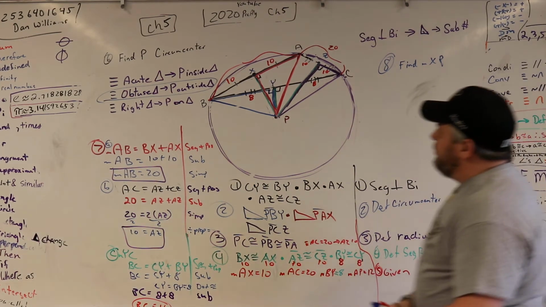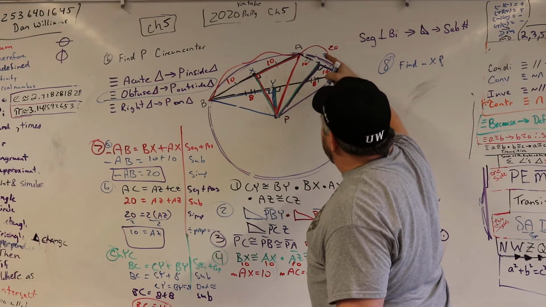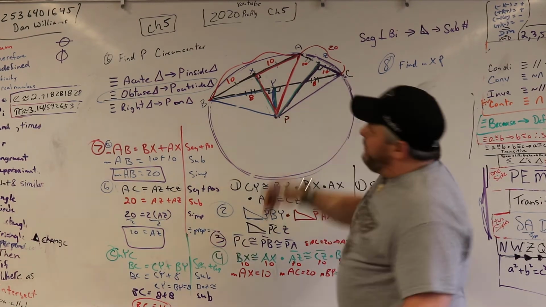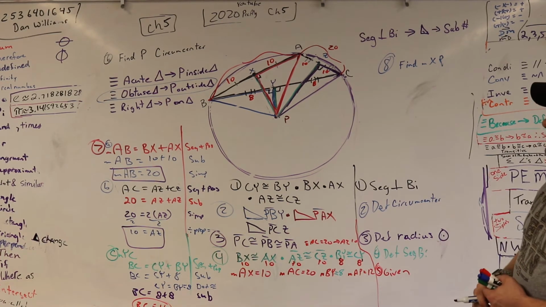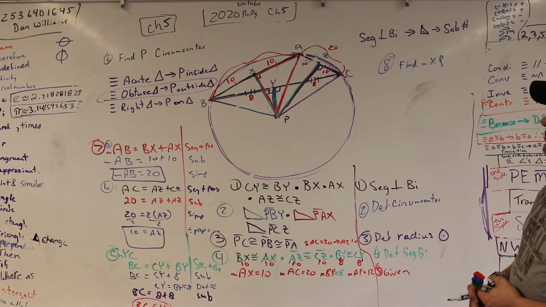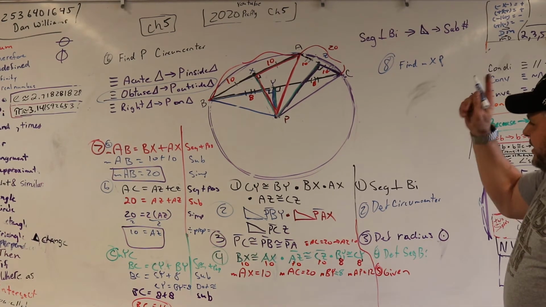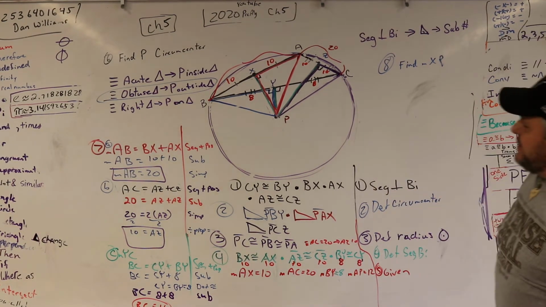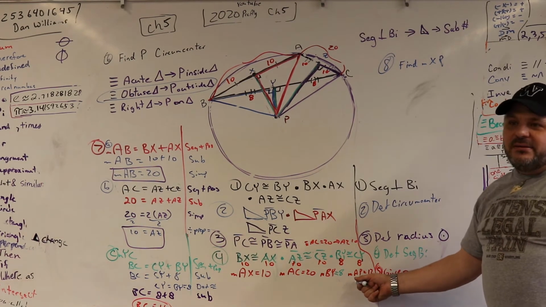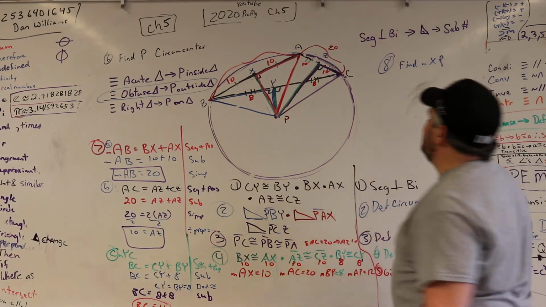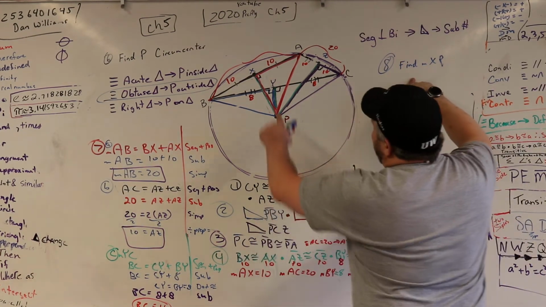Anything going from X to the P or Z to the P or Y to the P, we haven't been given yet, okay? But they did give us what? AP. That's huge.